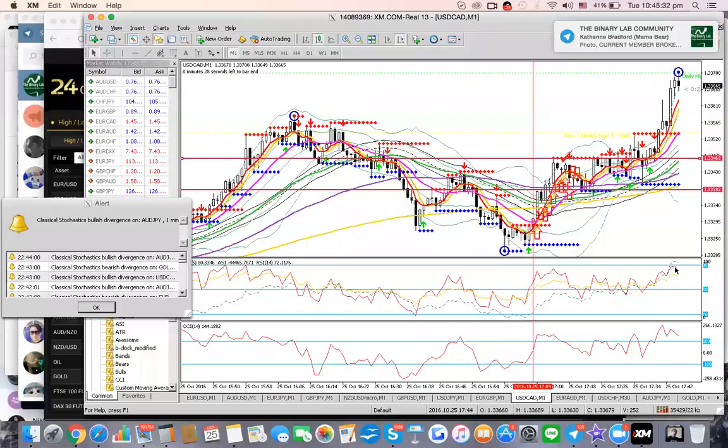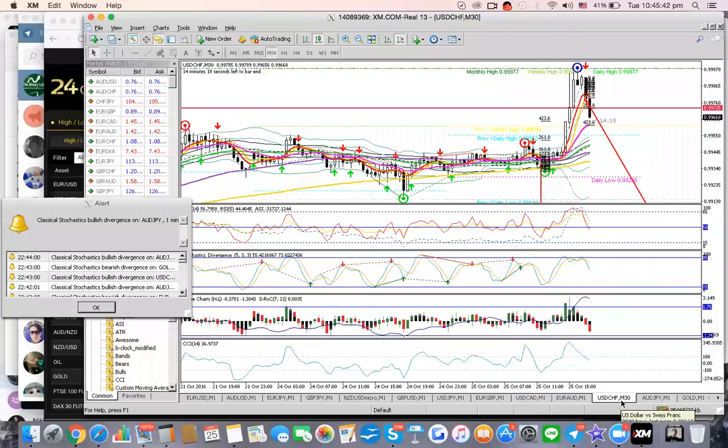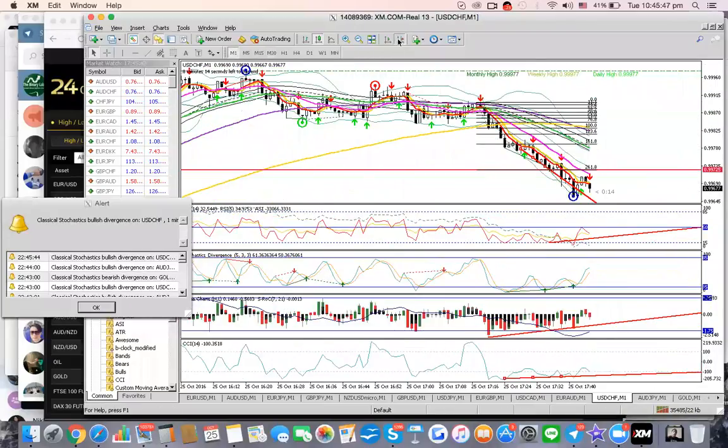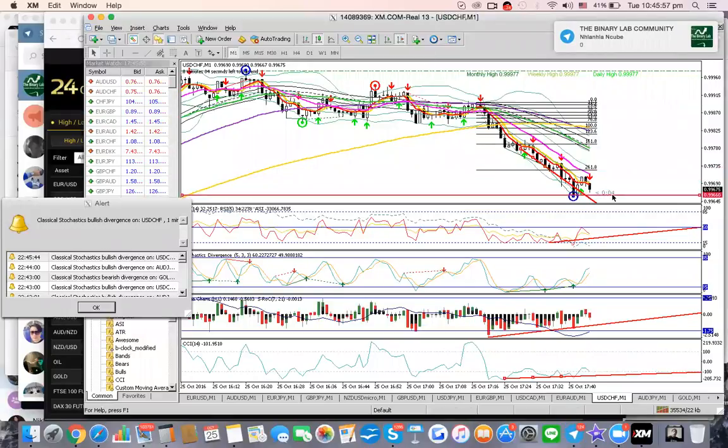Okay, Valen, this one already hit 90. That's why I'm counting more on a reversal than on a trend follow. UCHF consolidation between here and here.